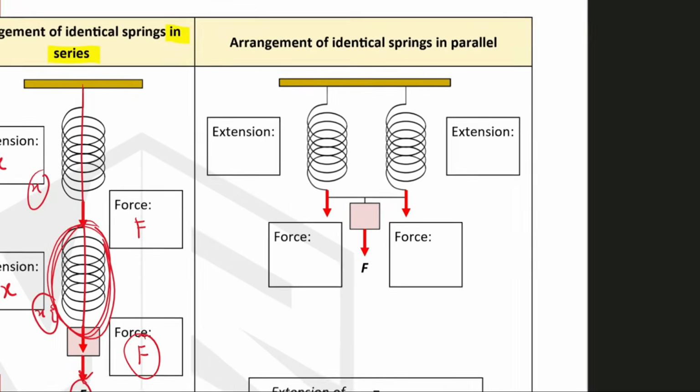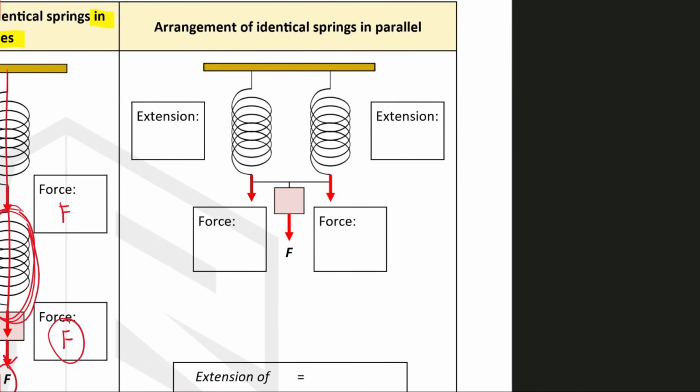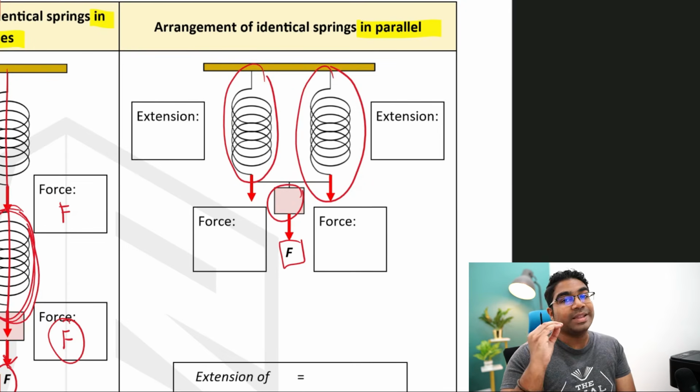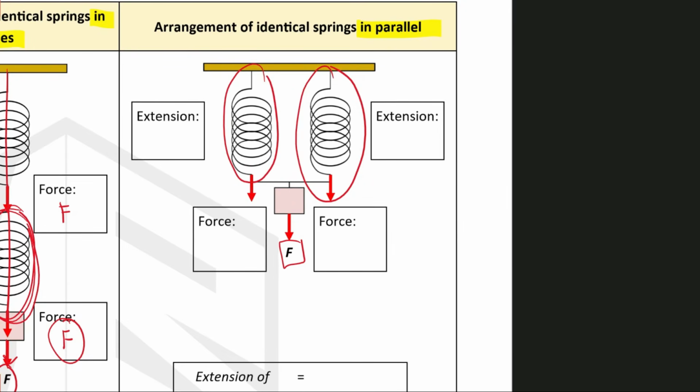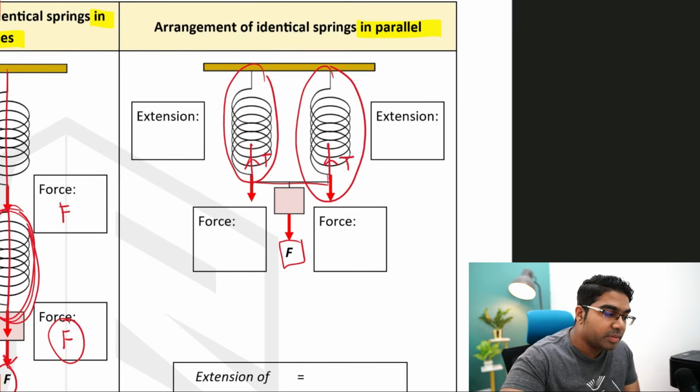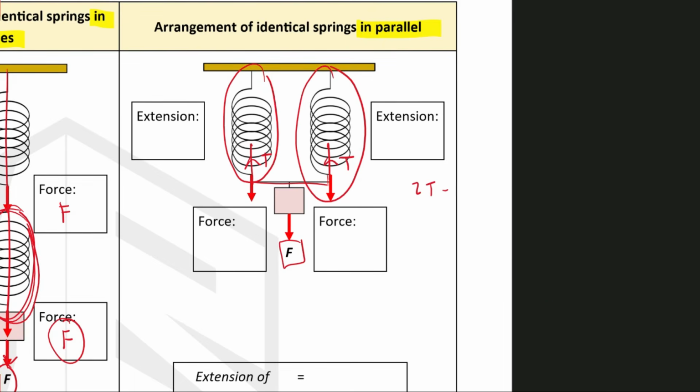What about if they were arranged in parallel like this, side by side? When they are arranged in parallel, the force is again F, but what is the force acting on each individual spring? Remember that they are identical springs. When the force is used to pull two springs in parallel, then by using forces in equilibrium, we know that two of the tension forces must equal this force.